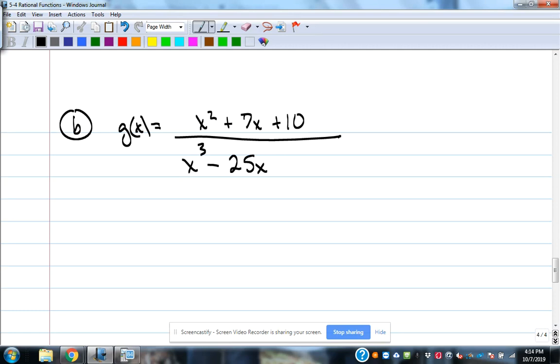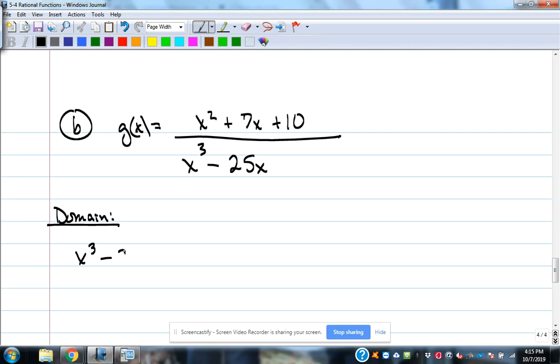All right. So the first thing before I do anything else is the domain. And how do we find the domain? It's what equals 0? The bottom, yeah.